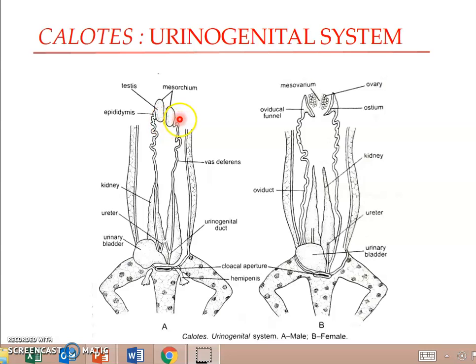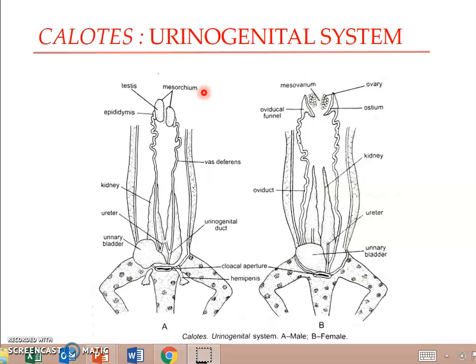These two testes are attached to the dorsal body wall by a fold of peritoneum, known as the mesorchium. The testes undergo drastic change in size. In the breeding period, they increase in size, while in the non-breeding period, they reduce in size.